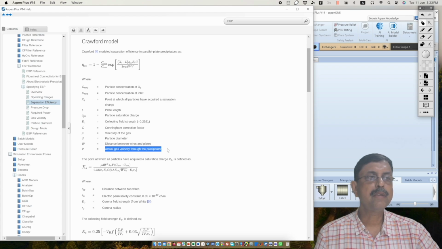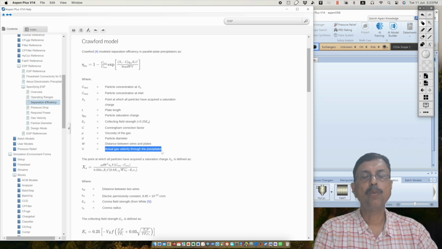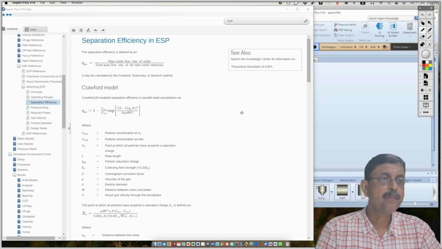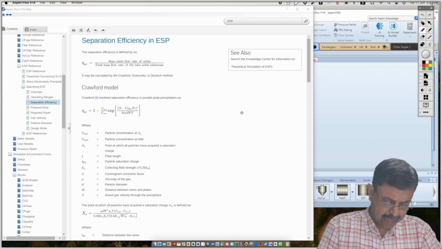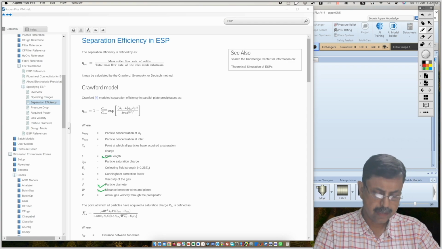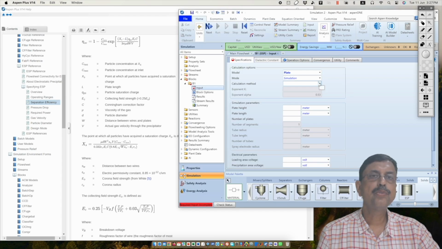So this one we are talking about V, the actual velocity through the precipitator, which should be between 1 to 2.5 meter per second. Now in this model, these are the data you have to provide, like what is the particle diameter, what is the plate length, what is the distance between wires and plates. Suppose you choose the Crawford one, then you have to provide this information.